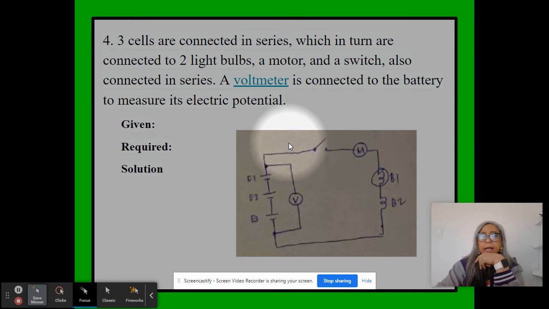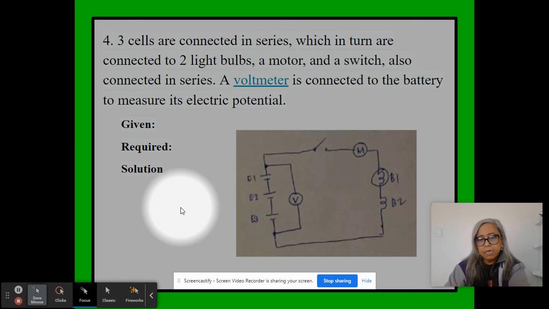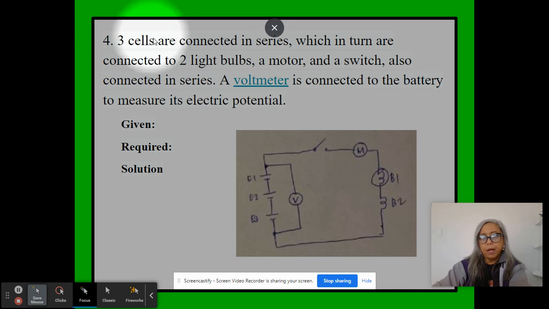There's no break. But then a voltmeter is connected to the battery. Where's the battery side? This one, right? So a voltmeter is usually connected in parallel to the battery to measure its electrical potential or electrical energy. So pause this video and kind of assimilate the connection between the worded problem and the diagram.